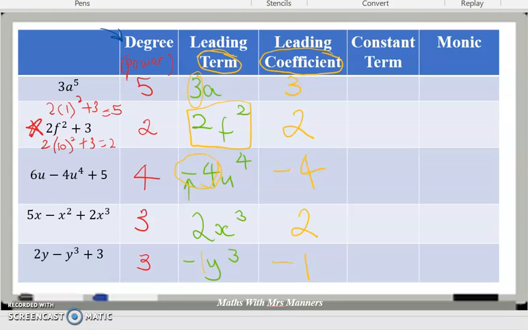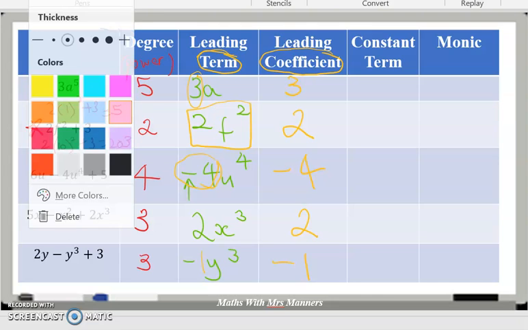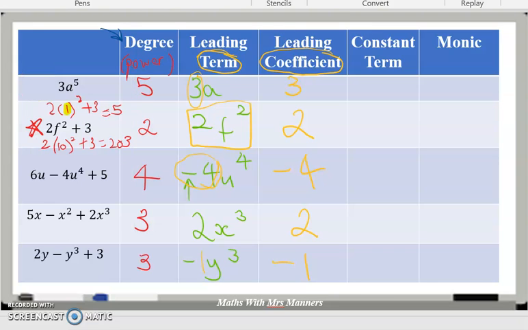I'll get 203. Now, what I want you to think about is when I change the f, so over here you can see I've changed the f at first to 1, and then I've changed the f to 10. Which term never changed? There's one term that doesn't change at all when I'm making a substitution for the f. And if you look, it's this number over here. That never changed.